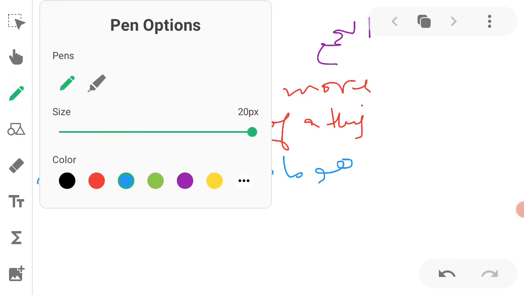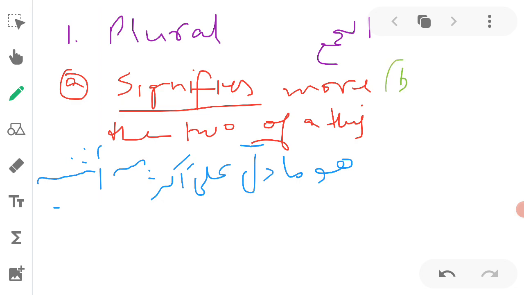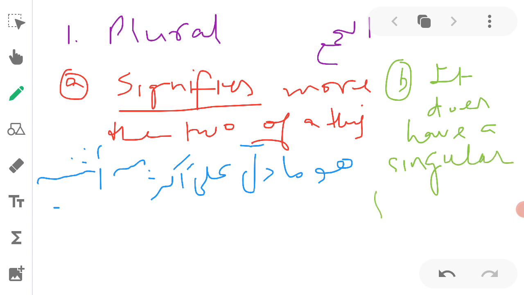The second condition, which is specific to it, and that second and third condition are there to eliminate it from the other 2 types of plurals. So the second condition is that it does have a singular from the same words.